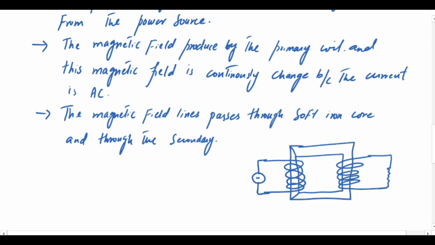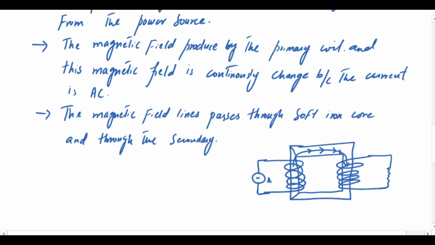So when AC is supplied to the primary, the magnetic lines of the primary coil move through the core and also pass to the secondary coil. इस तरह से ये मूव करेंगी. अब देखें मैग्नेटिक लाइंस जो हैं वो सेकेंडरी में भी पास हो रही हैं. सो ड्यू टू द चेंज इन द मैग्नेटिक लाइंस the EMF is induced in the secondary coil.